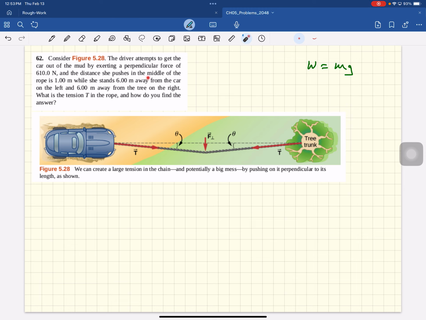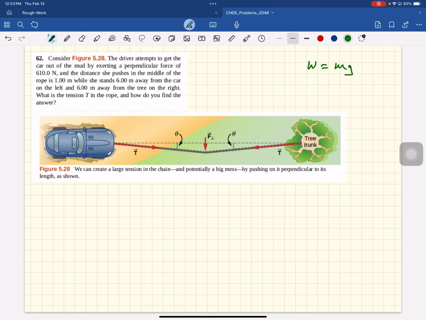The distance she pushes in the middle of the rope is 1 meter, while she stands 6 meters away from the car on the left and 6 meters away from the tree on the right. So essentially the rope is a little greater than 12 meters. What is the tension in the rope and how do you find the answer?